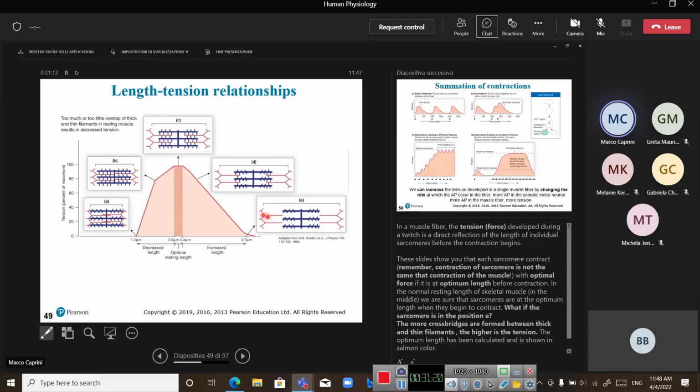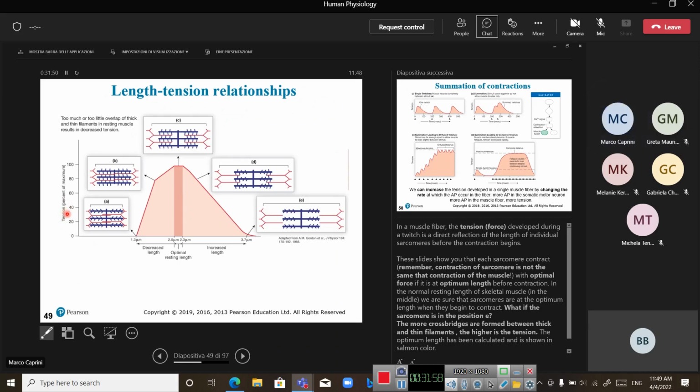Again, in a muscle fiber, it's also important to describe the tension, the maximum tension, the force that we can produce while we are contracting the muscle. So in a muscle fiber, the tension, the force, okay, some books write here the force, but the real name of the contraction is the tension of the muscle that is developed during a twitch.